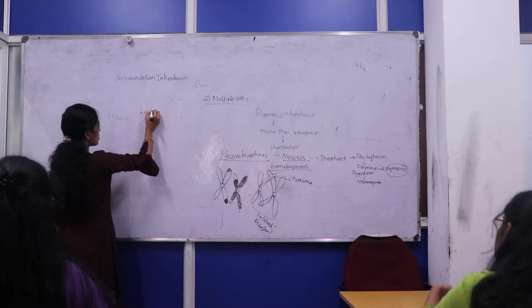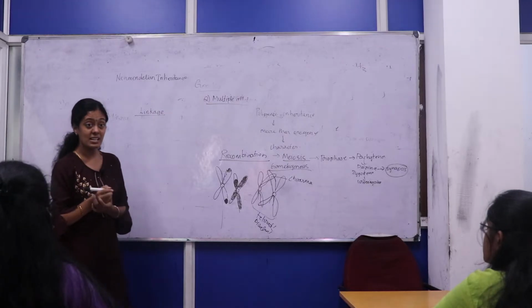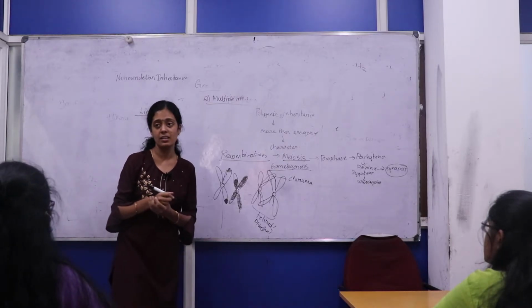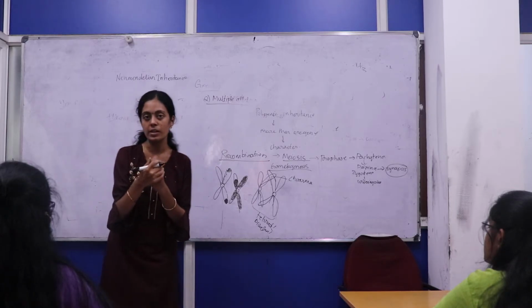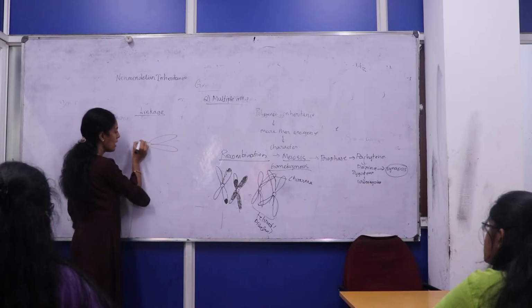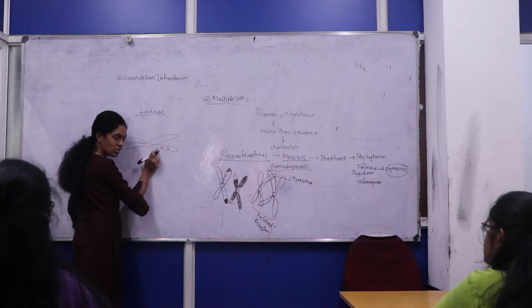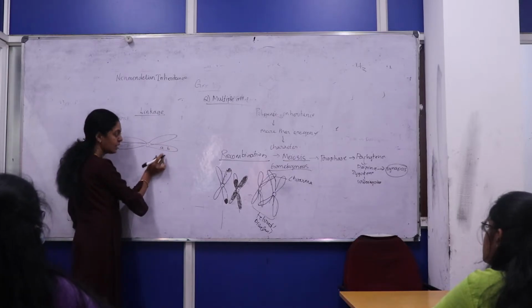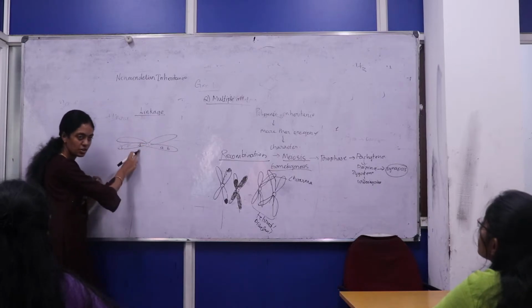What is linkage? Can anyone tell me? Physical association of genes. Okay, they will be close to each other. Say for example, this is the chromosome. You will have 2 genes A and B which will be close to each other. Are you guys understanding? And you will have one more gene C and D which are far from each other.